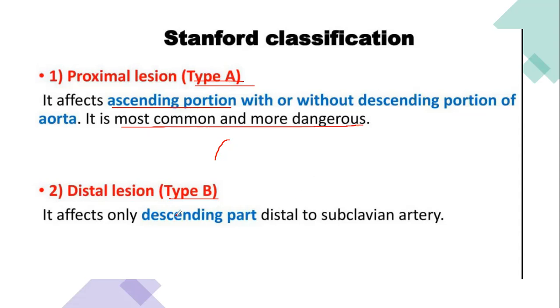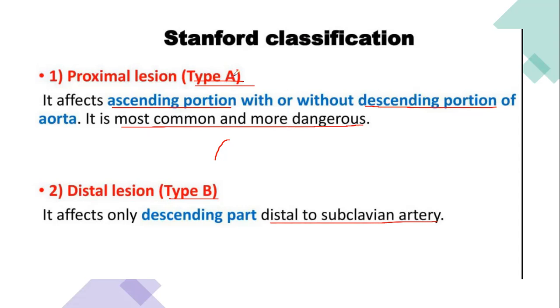If the intimal tear is distal to the subclavian artery, the left subclavian artery to be specific, that would be type B according to Stanford classification. Type A can involve the descending portion of the aorta, so it can be with or without.